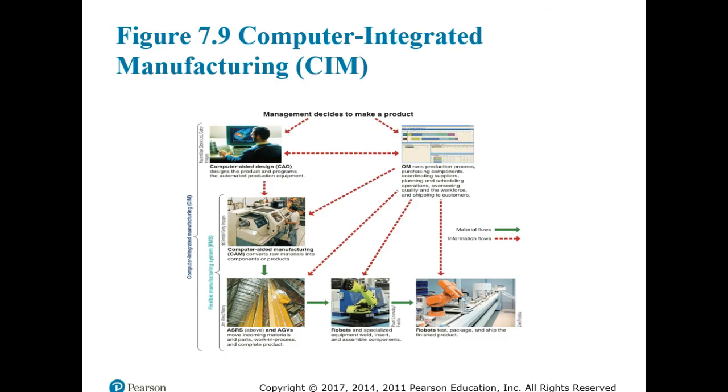And they do all this, if you see over to the top right there, with an integration of operations management efforts, wherein the operations managers run the production process, purchasing components, coordinating suppliers, planning and scheduling operations, overseeing the quality and the workforce, and shipping to the customers.